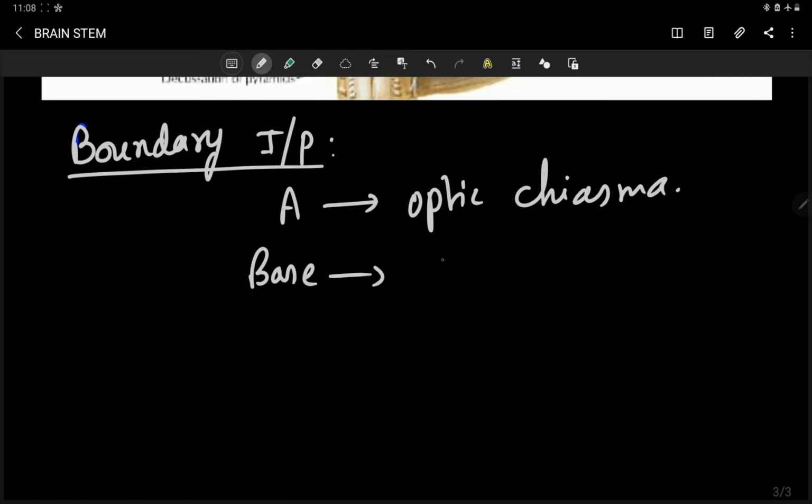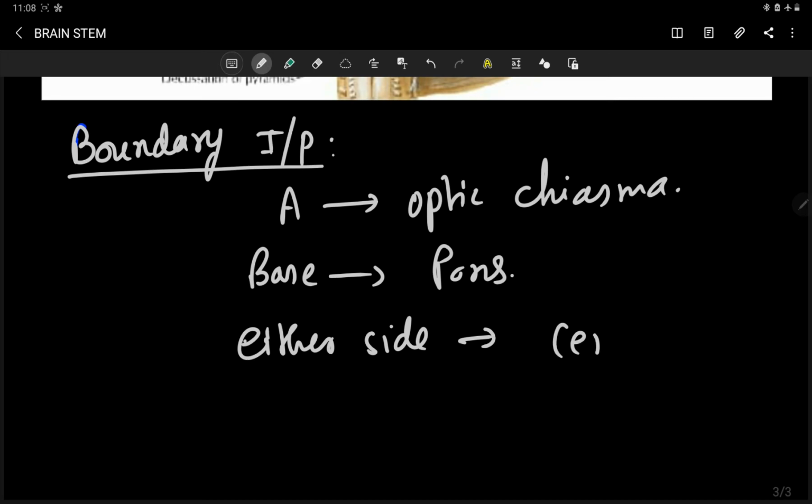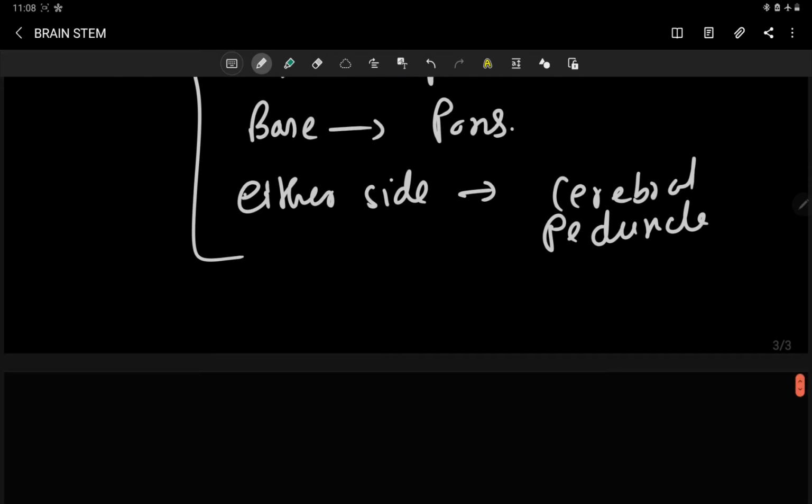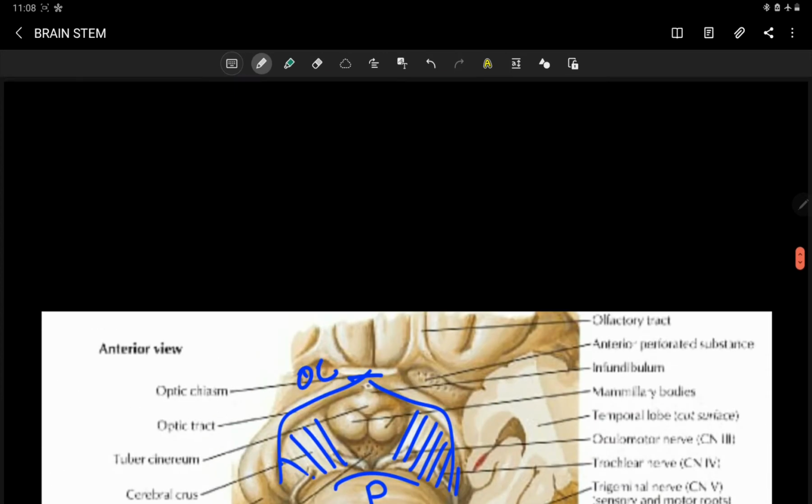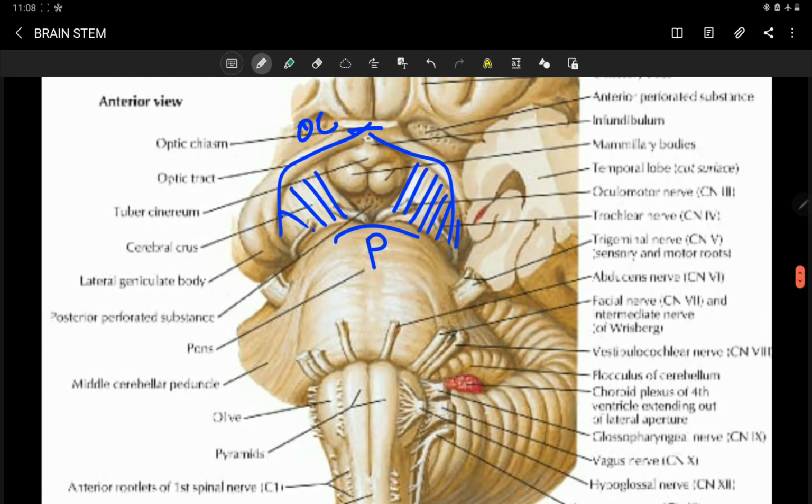The base or posterior boundary is your pons, and on either side, or laterally, it is bounded by the cerebral peduncle and also the optic tract. You can include it here or not, it doesn't matter. Now the content of your interpeduncular fossa: just write what you can see here.